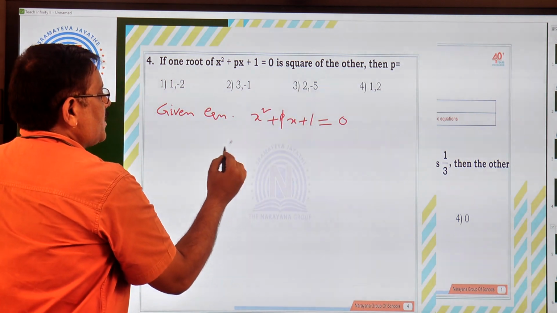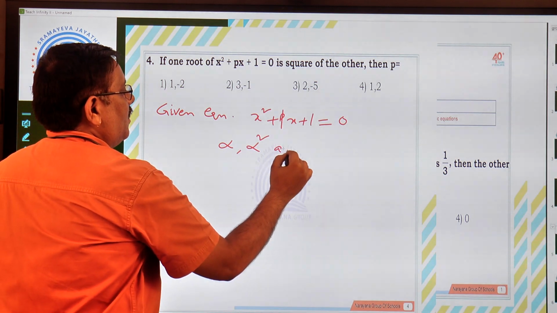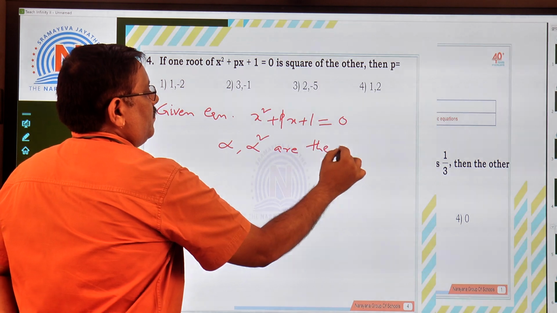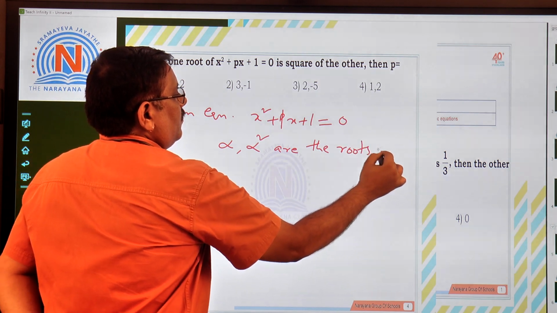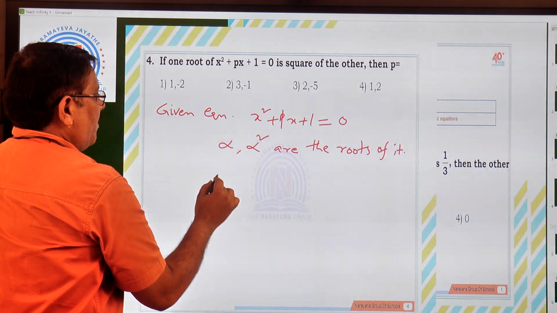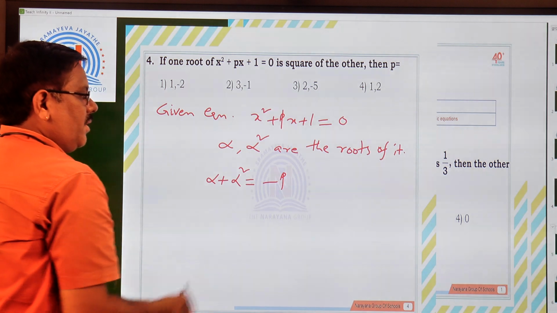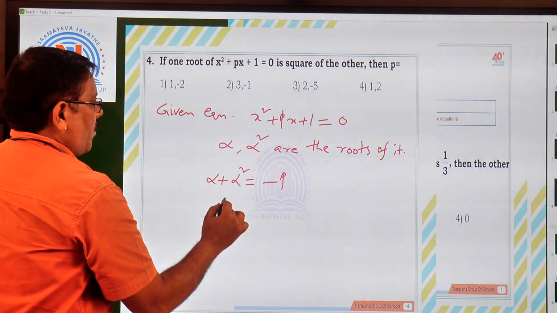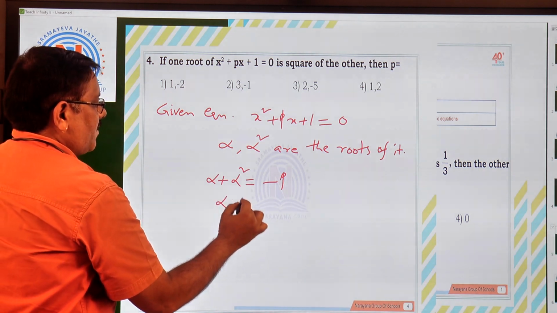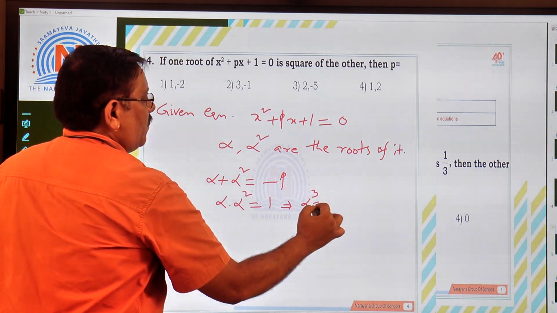If you take 1 root as alpha, the other root will be alpha square. So we go for alpha plus alpha square, that is going to be minus p, the sum of the roots. And we have the product of the roots as alpha into alpha square, that is 1. That implies alpha cube is equal to 1.